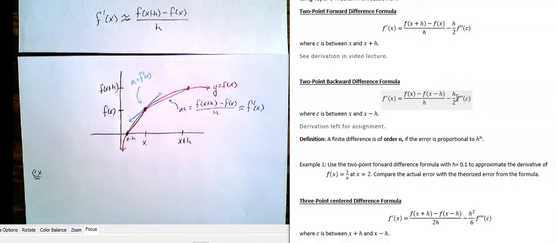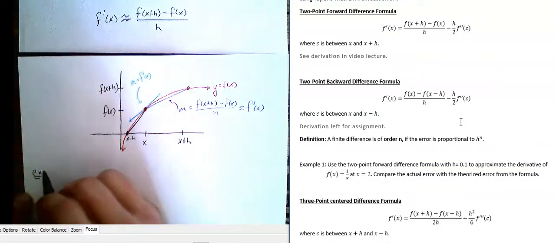So here we would have order 1. We can create order 2, order 3, or order 4 difference methods, as we'll see shortly. So the 2-point forward difference is a first order finite difference formula.